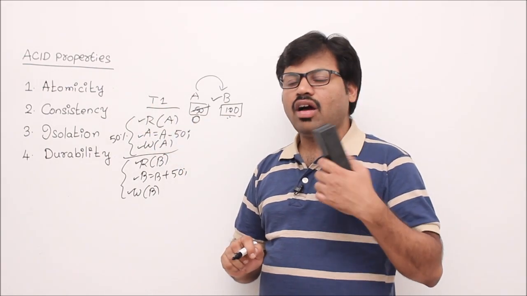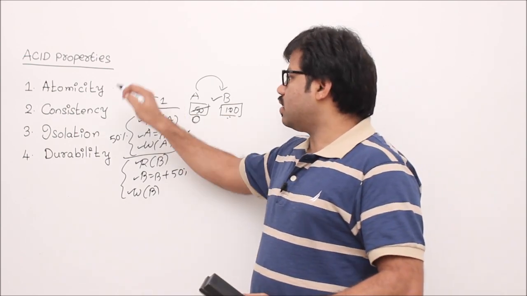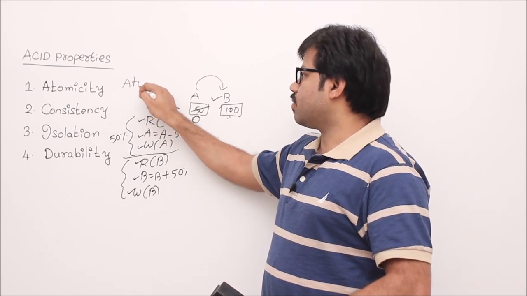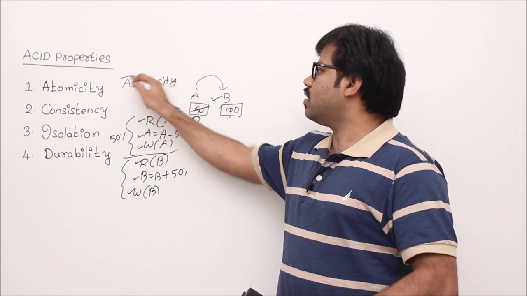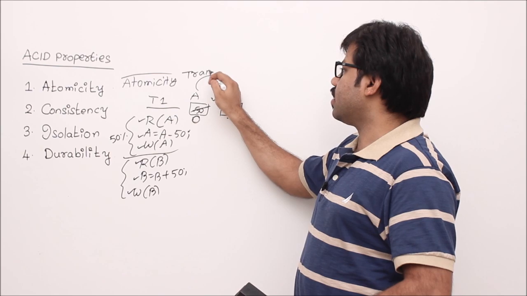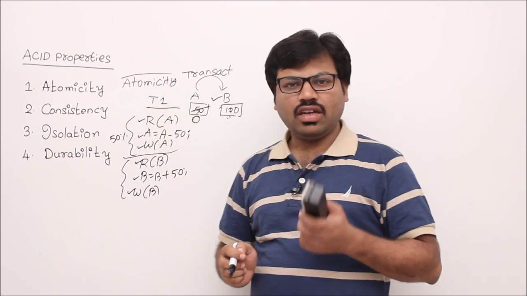Either all the operations should be performed, otherwise nothing. So simple. In the DBMS we have a component called the atomicity manager. In some literature, some authors call it the transaction manager. The transaction manager takes care of the atomicity idea.